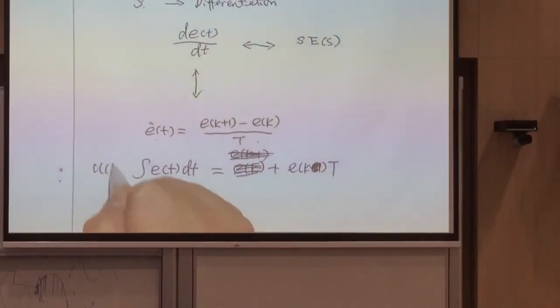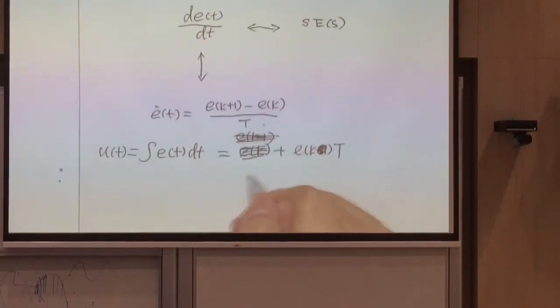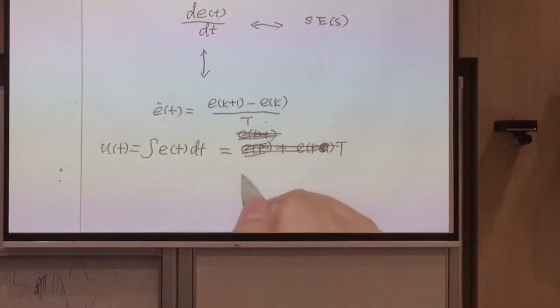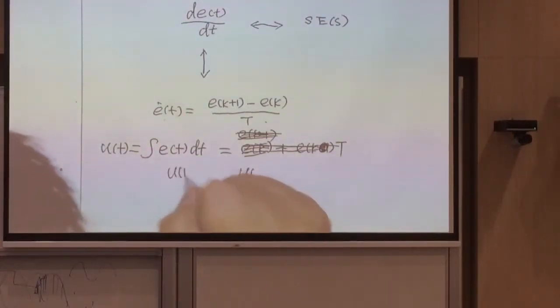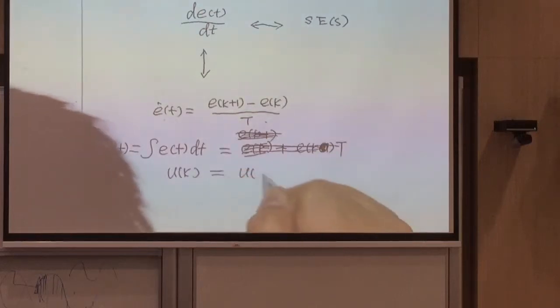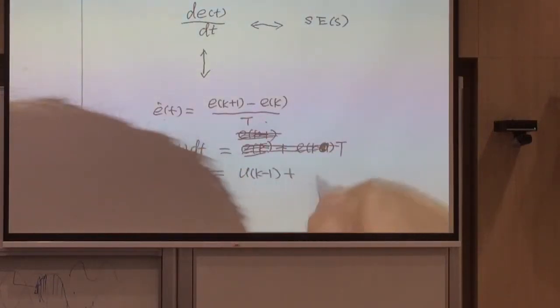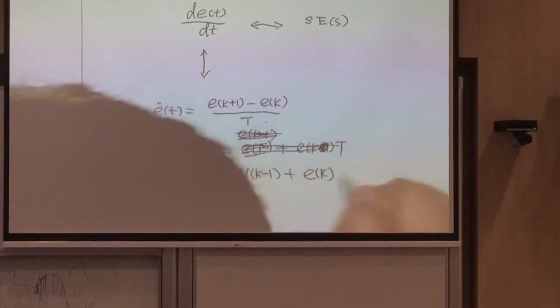If your U is equal to the integration, then your U(k) should be your U(k-1) plus your E(k-1) times T.